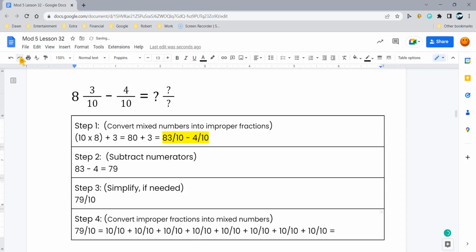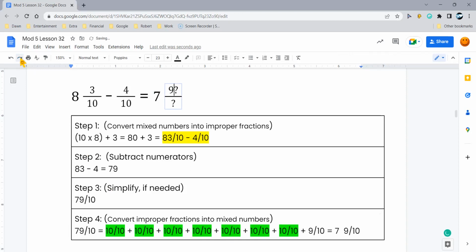That's 80, you guys. That's not going to work. So once I get here, 10, 20, 30, 40, 50, 60, 70, I need to add 9. And then I need to count 1, 2, 3, 4, 5, 6, 7. So I have 7 wholes with 9/10 along. And then I go ahead and put it up here.